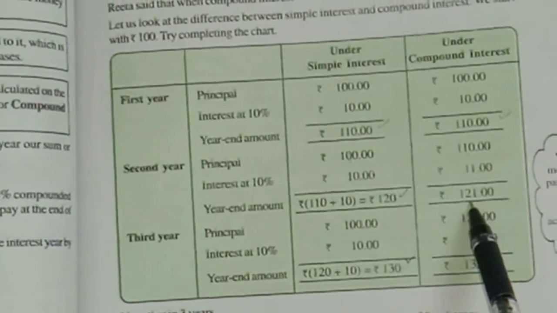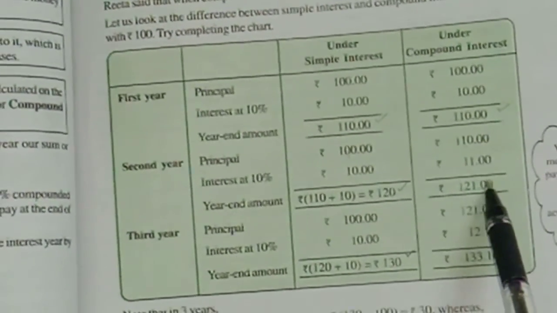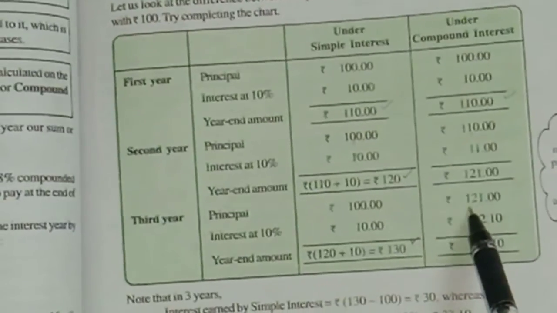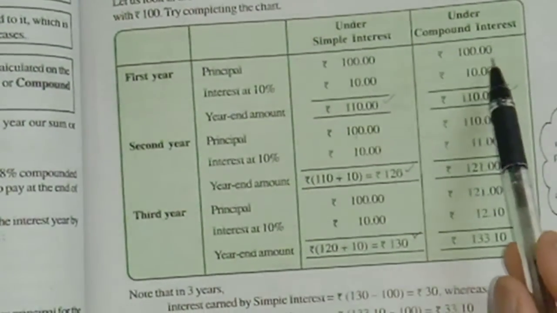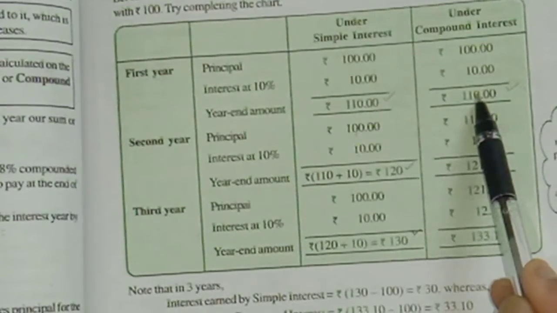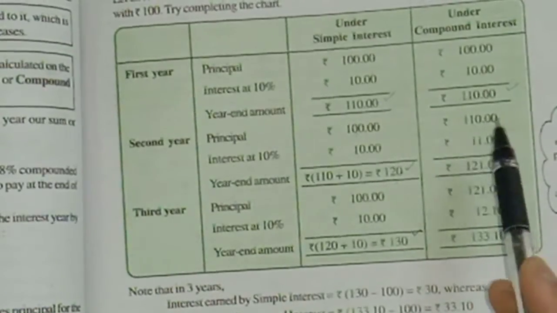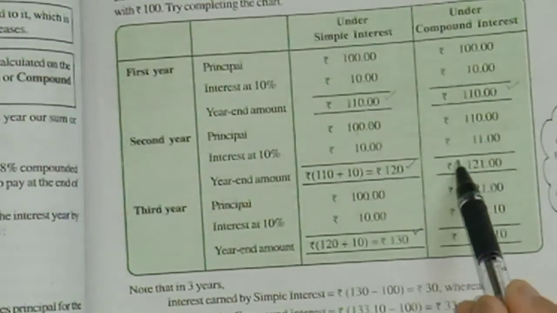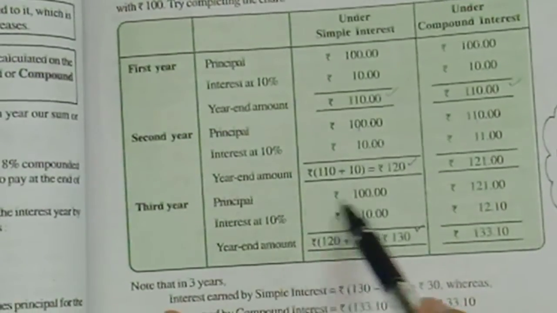So the amount becomes 121. Next year, this amount will be used as the principal. And this is the main difference. In compound interest, the amount of the first year will be used as the principal of the second year. Similarly, the amount of the second year will be used as the principal of the third year.